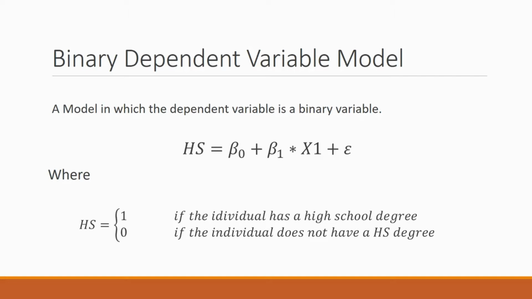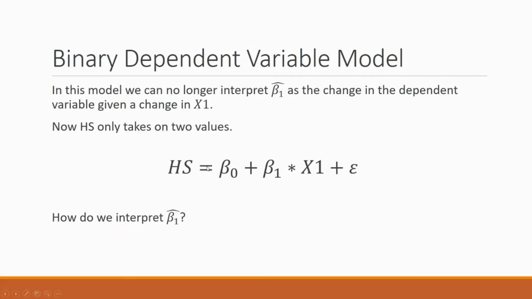So that's why we would use this: we want to know what independent variables affect this binary decision or binary outcome. We want to know what's beta 1, the effect of our independent variables on this binary outcome, whether or not someone has a high school degree. But now you might recognize that this introduces some potentially interesting challenges.